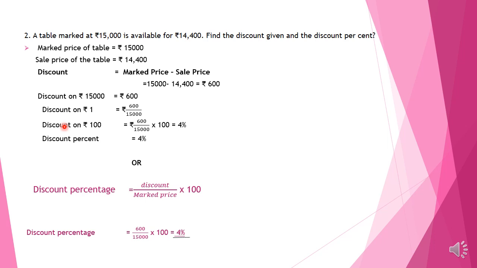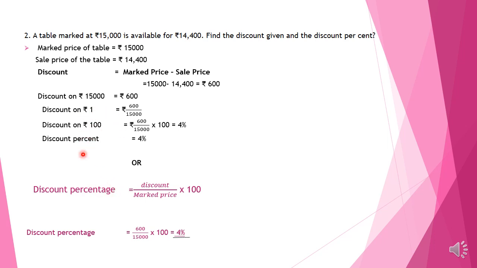Children, discount on rupees 100 we say discount percentage. So we got 4% as the answer. This discount percentage we can find using the formula. So discount percentage is equal to discount divided by marked price into 100. So this formula you have to learn by heart. Okay children, then it will be easy for you to do. So any method you can use, the unitary method or formula method.